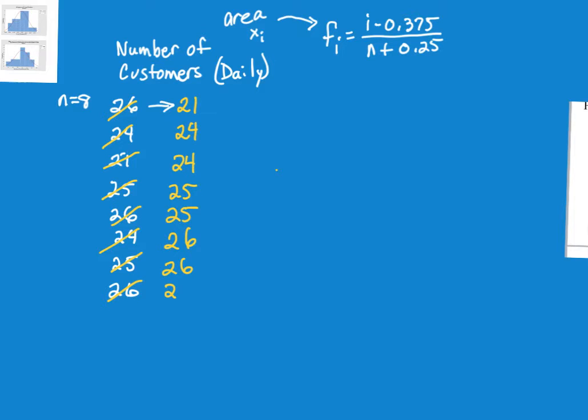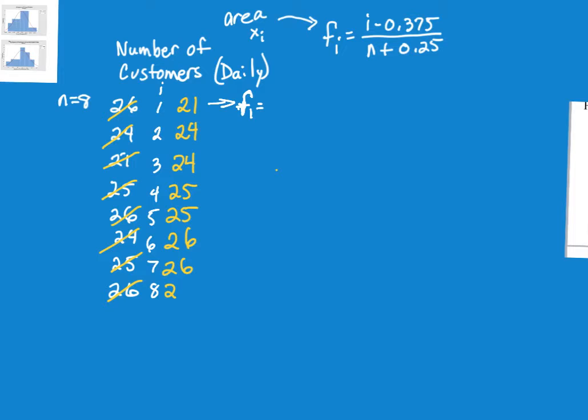So when you look at these, remember that the index is just what number each data point is in the list. So the index of 21 is 1. Here's 2, 3, 4, 5, 6, 7, and 8. So for 21, we have the index i equals 1, because that's the first data point.